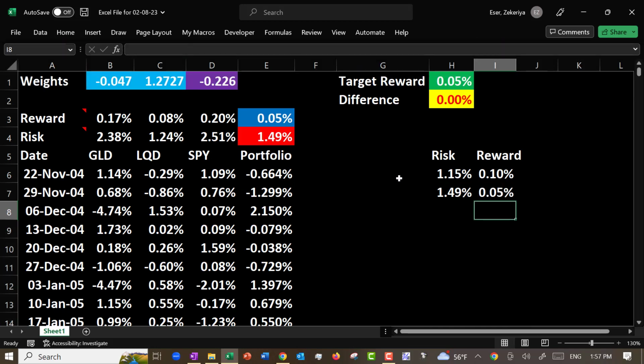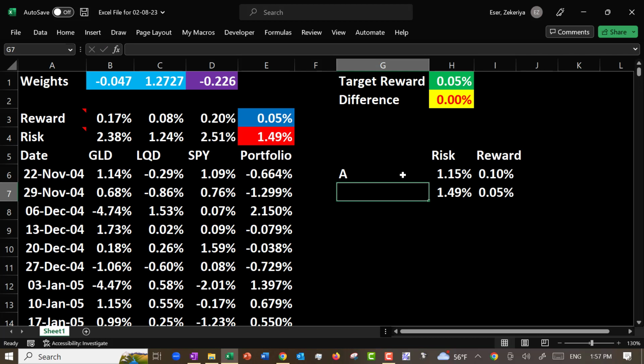Now let me ask this question. Let's call this portfolio A and portfolio B. Can I say anything about whether or not portfolio B is efficient or inefficient? Can I make a statement? Yes. And what is it?